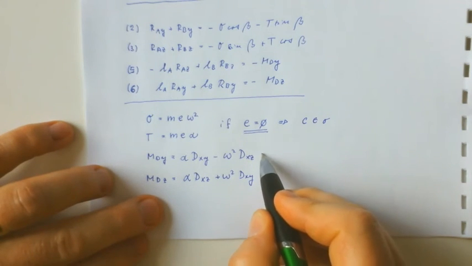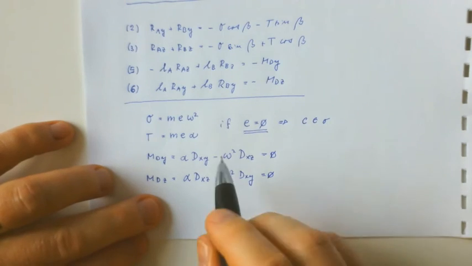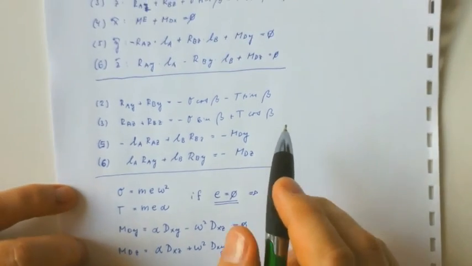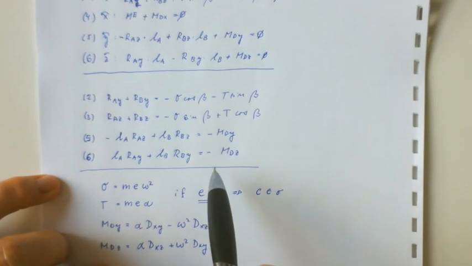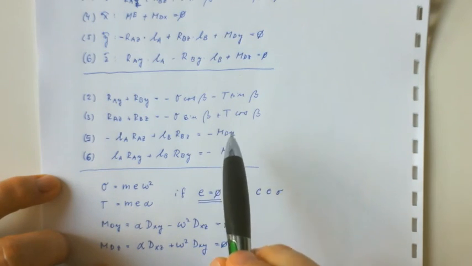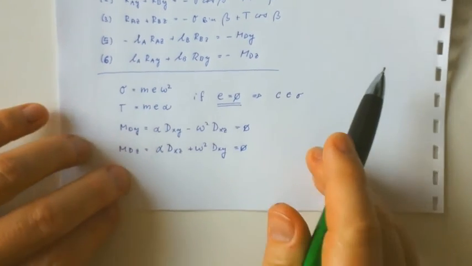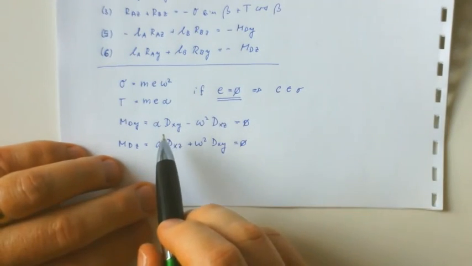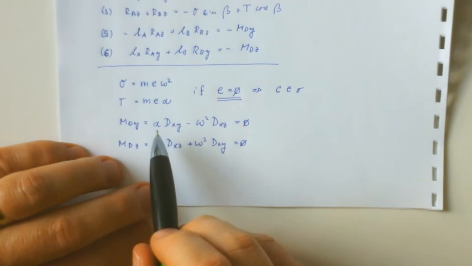And if this is equal to 0, it's also some clue that we lose some excitation of the system. And if it is rotating, so omega is not zero and alpha also may not be zero.